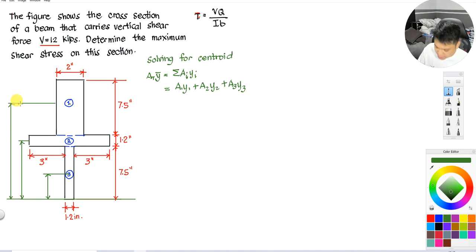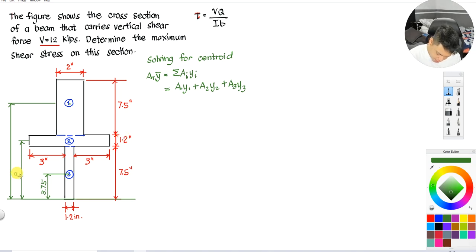Okay, so where is that? My Y3 is half of 7.5. Okay, where's my calculator? Half of 7.5, so that's 3.75. For area 2, I have here 7.5 plus half of 1.2, so that is around 8.1.